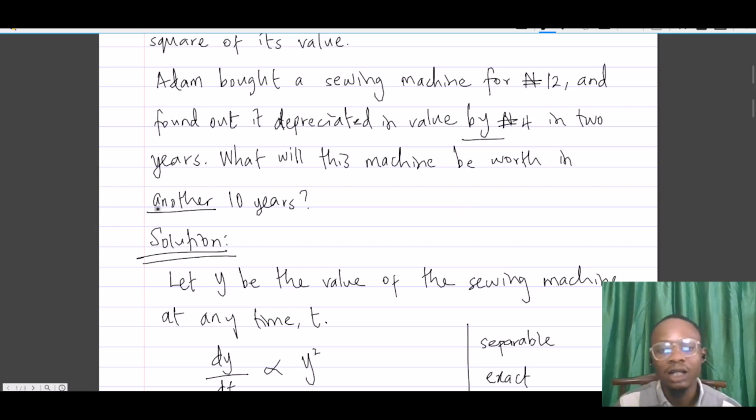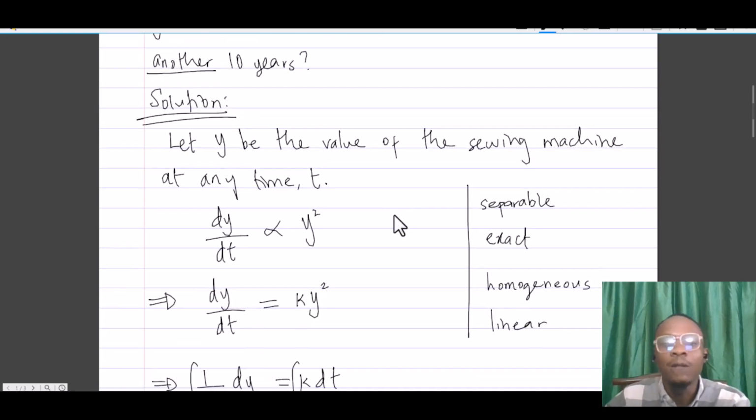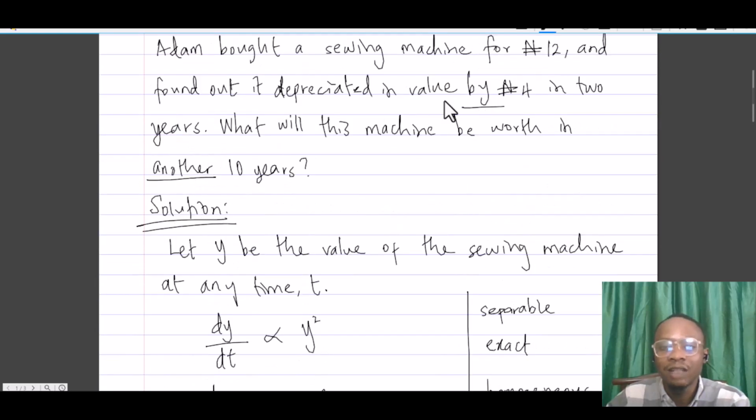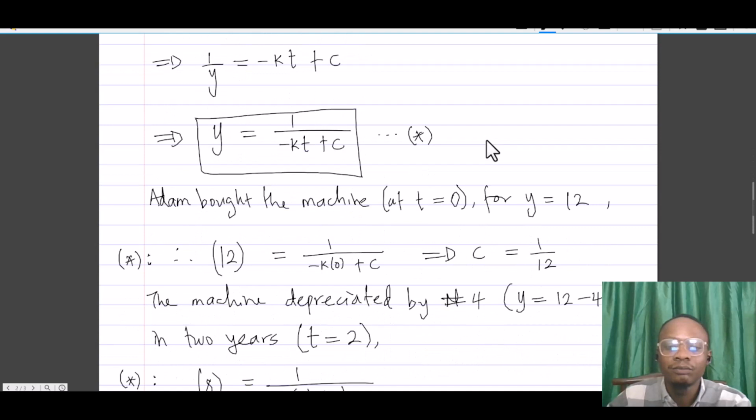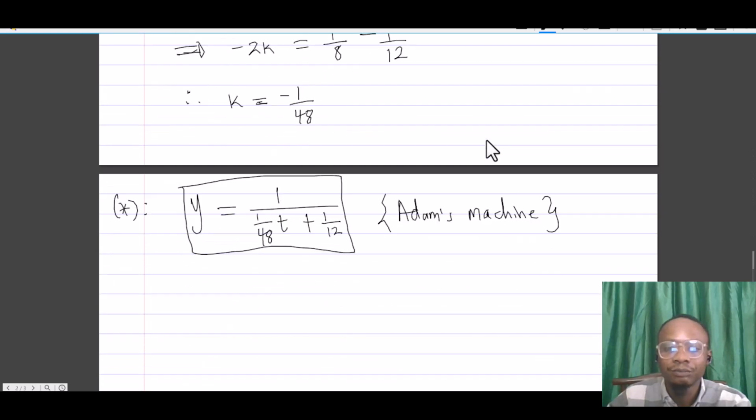If the word another was not there, we might just take this as 10 years and work with it directly. But in this case, it's in another 10 years. That is, after these first 2 years, what will the machine be worth at that time? So we want to find y. We just take note of that.